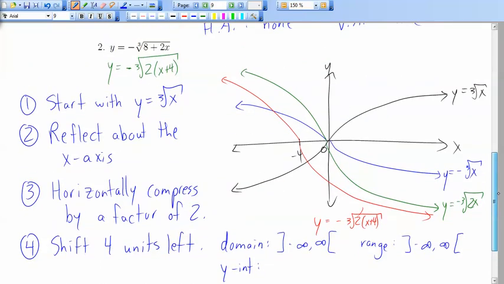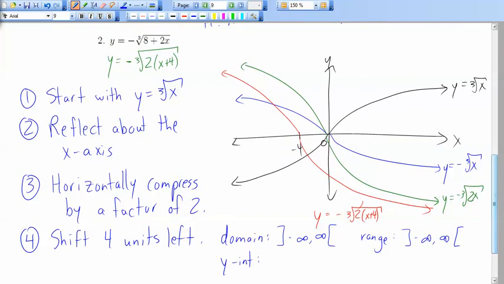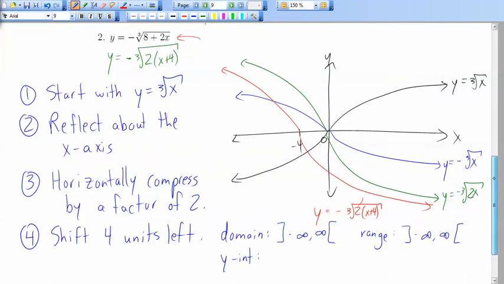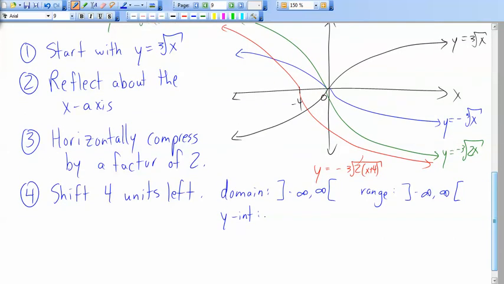If we plug in x equals 0 into whichever version of the function seems best, I think actually the original is nice for that, we see that it's the negative cube root of 8, which is -2. So our y-intercept is going to be at 0, -2. The x-intercept, we can see from the graph, is at -4, 0, and we've got no asymptotes here. Our original cube root function didn't have any, and the transformations won't create any. They never do.